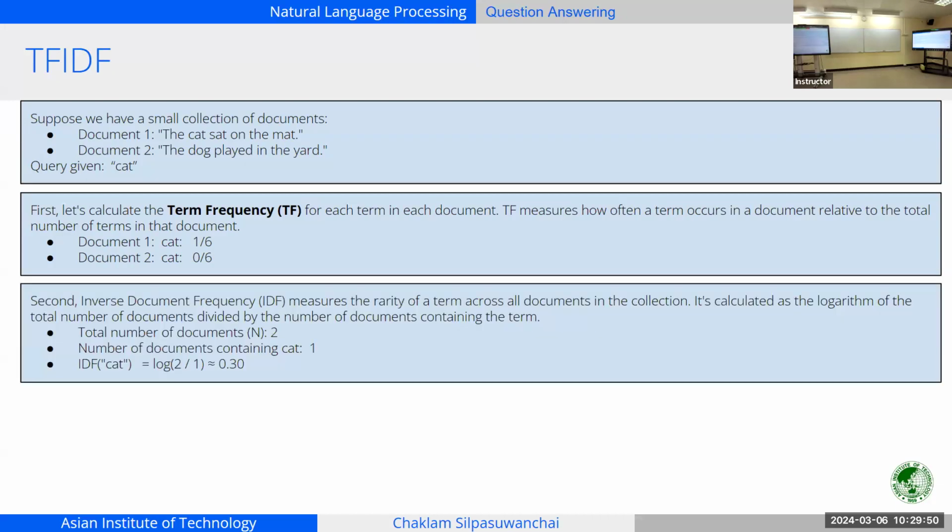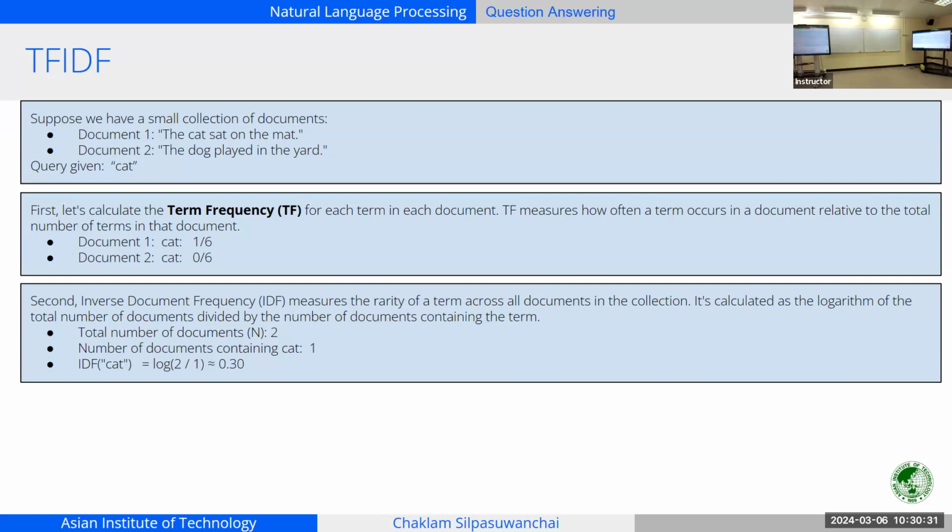Next, we need to calculate something called inverse document frequency. Basically, inverse document frequency measures the rarity of a term across all documents in the collection. Firstly, the intuition: this will cut down the terms that are very frequent, because for a very frequent word we don't want it to be too disturbing. So how do we do that?